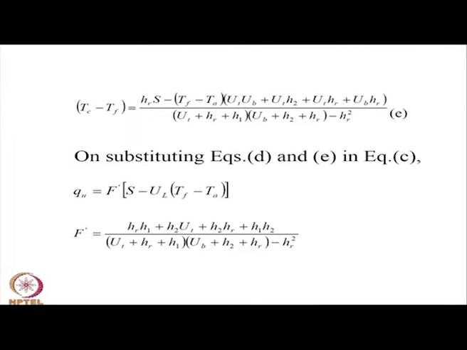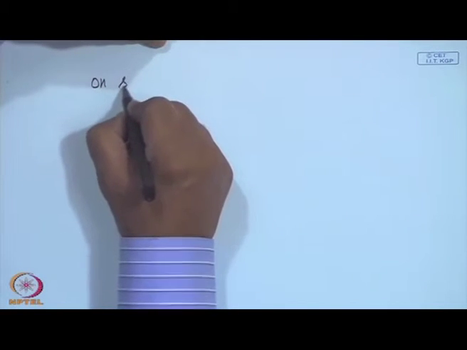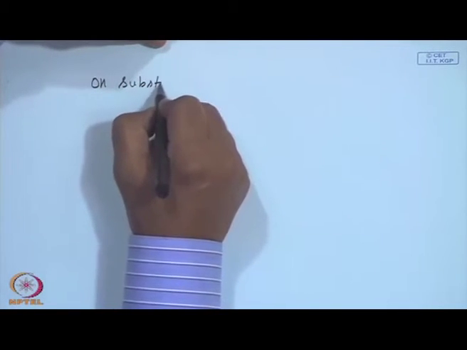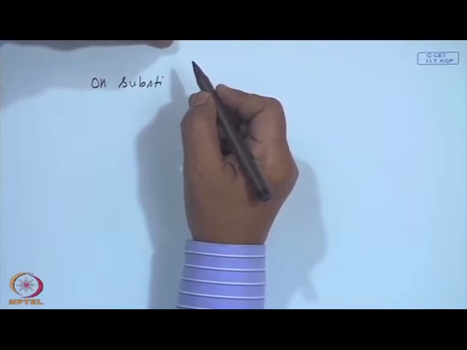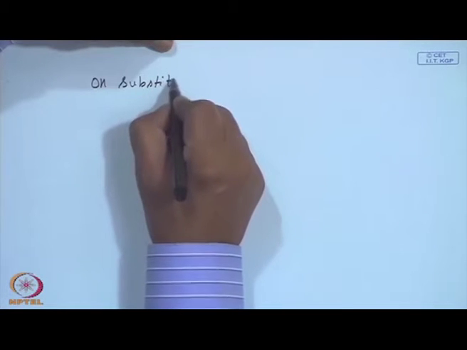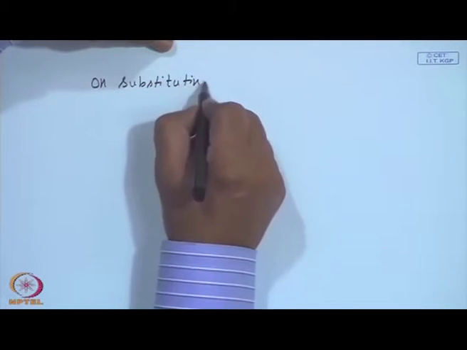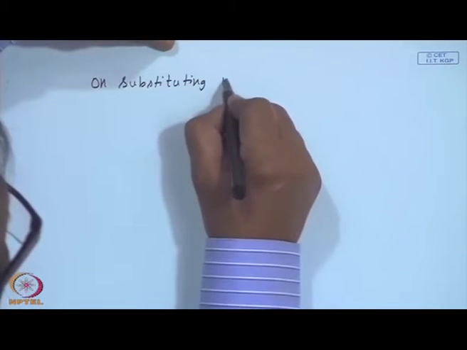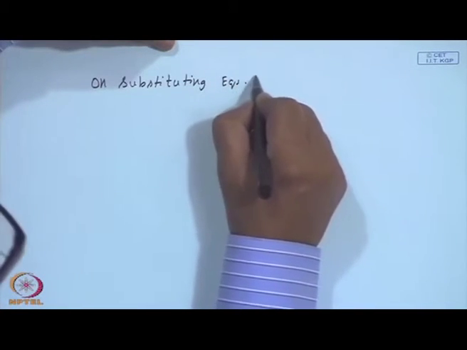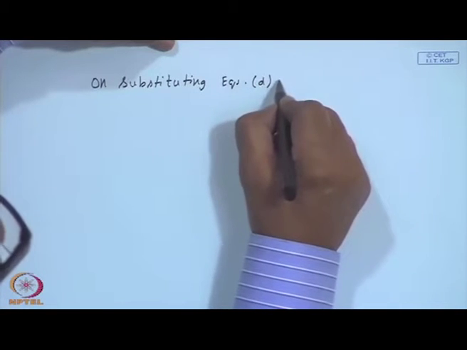There may be one or two differences that you can easily figure out. On substituting, for example, you can always refer the textbook by Duffie and Beckman. Nevertheless, you have to work out, because the details are not given in most of the books, because this is a laborious algebra.